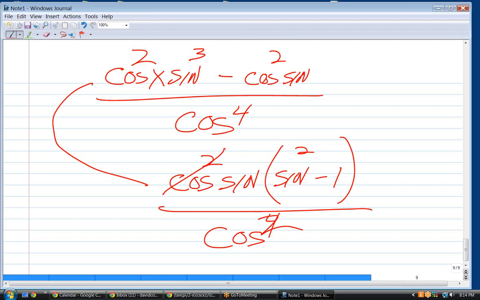If sine squared plus cosine squared equals 1, this will be negative cosine squared. Now I can take that cosine squared, cancel it out with that cosine squared, and I'm left with negative sine.